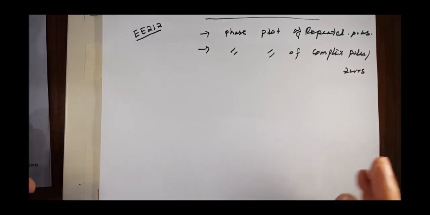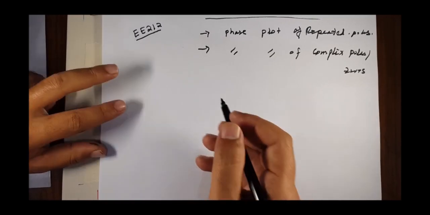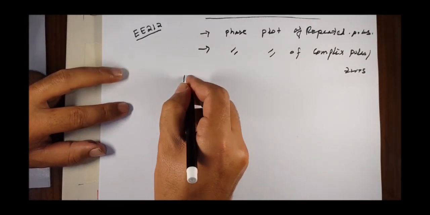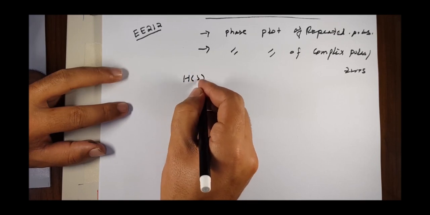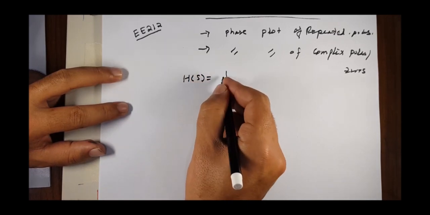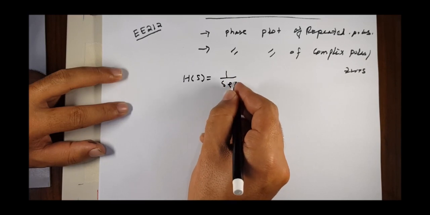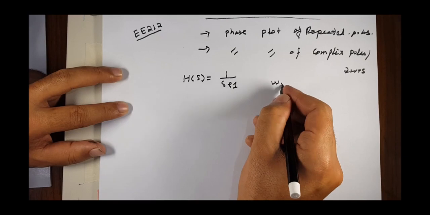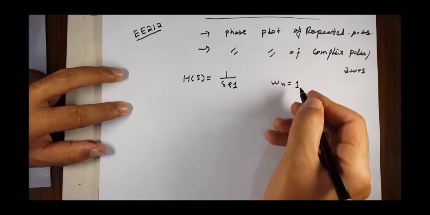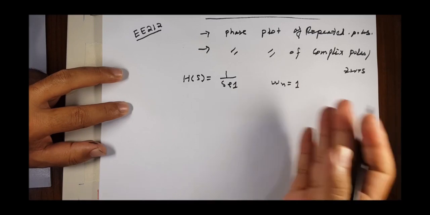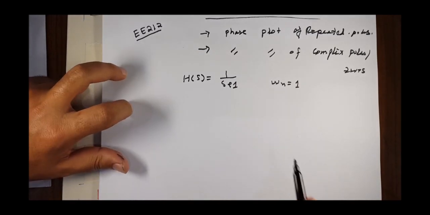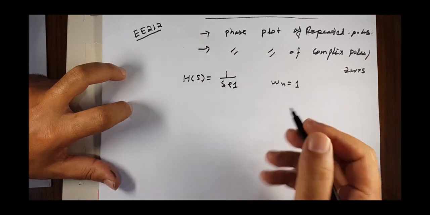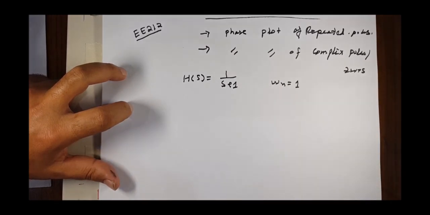So if you remember what we did in our previous class, we took a transfer function H(s) = 1/(s+1), and we said that here omega n is equal to 1. You can take different values of omega n, but for application purposes we simply take omega n equal to 1.